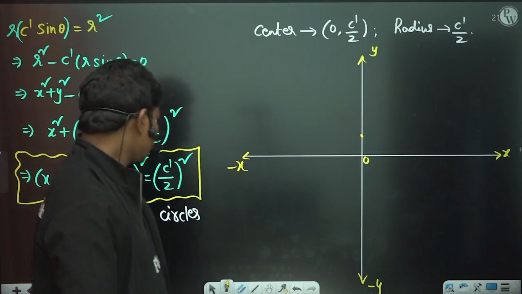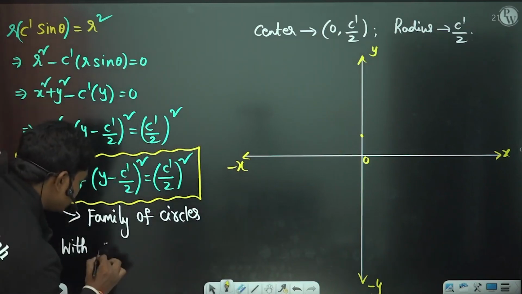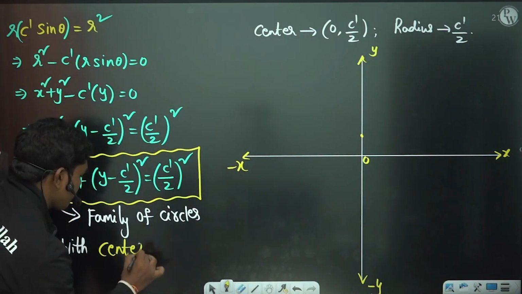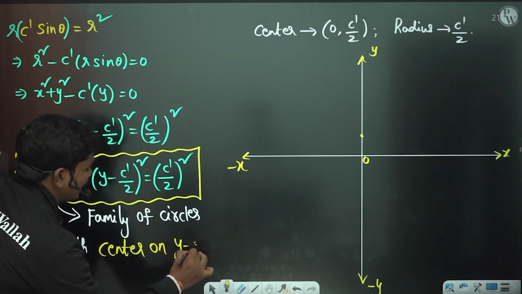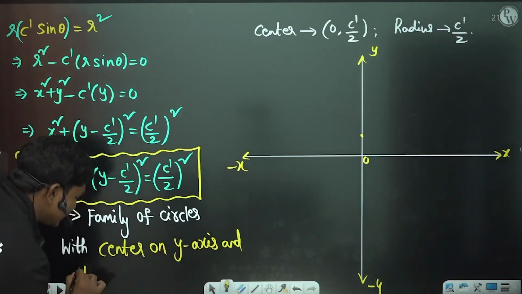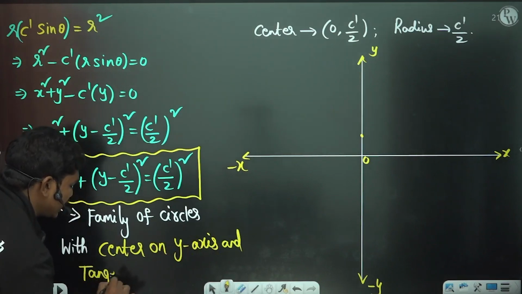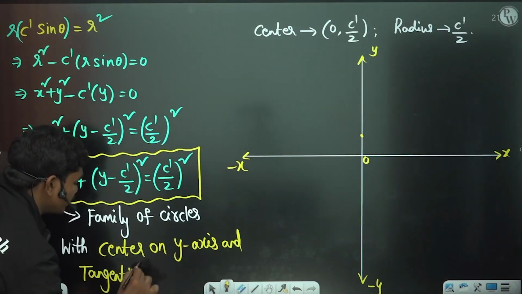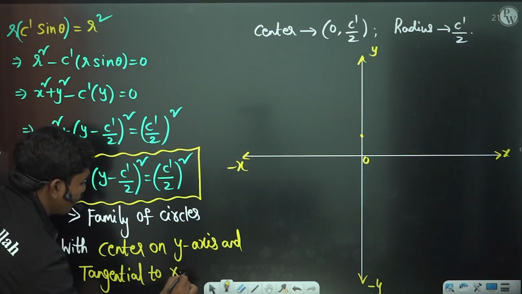Okay, so therefore these are a family of circles with center on the y-axis and tangential to the x-axis, meaning the x-axis acts as a common tangent.